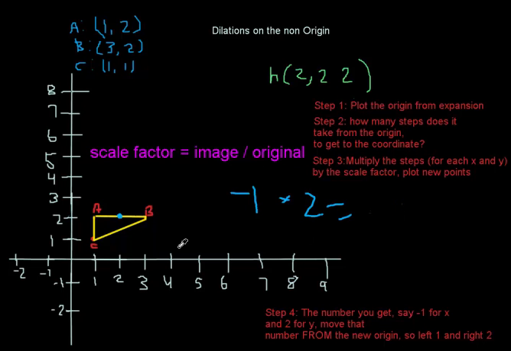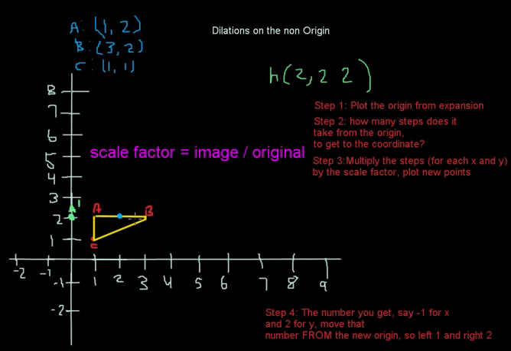Now your new coordinate is not -2; it's from step 4, the number you get, so we got -2. You move from the origin, so -2 is left 2, so you go 1, 2 right over here. This would be your new coordinate for A prime.